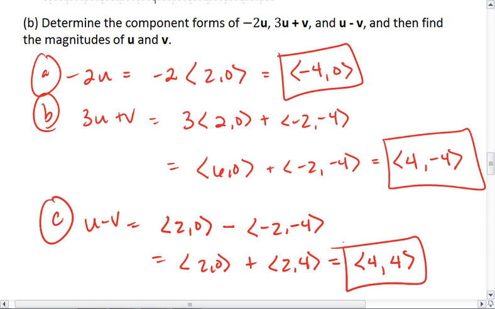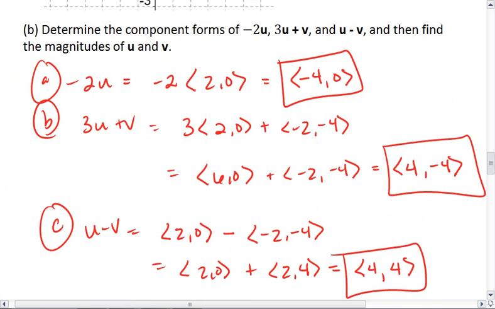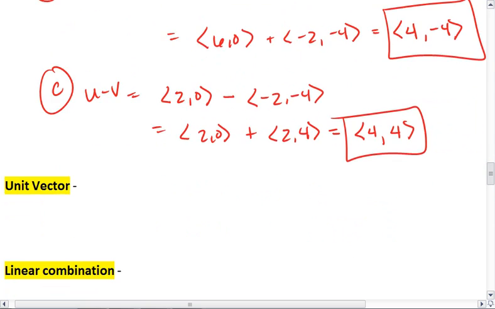So we get the vector 4, 4. And in fact, when I sketched out u minus v, I see it's 4 and then 4. So u minus v is indeed a vector that has the component 4, 4. And those are your 3 answers.